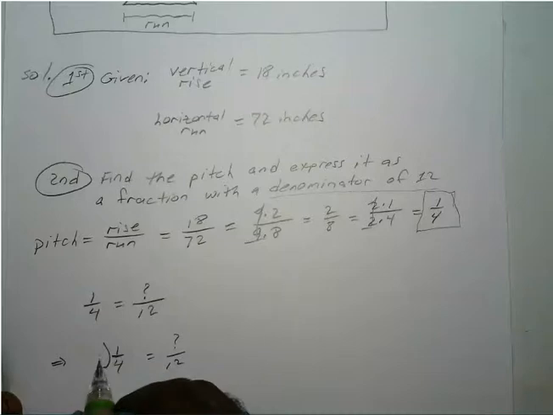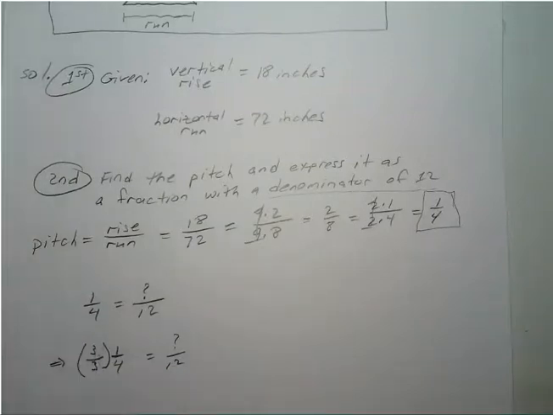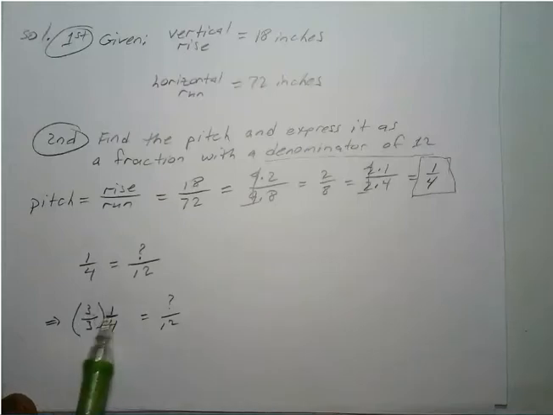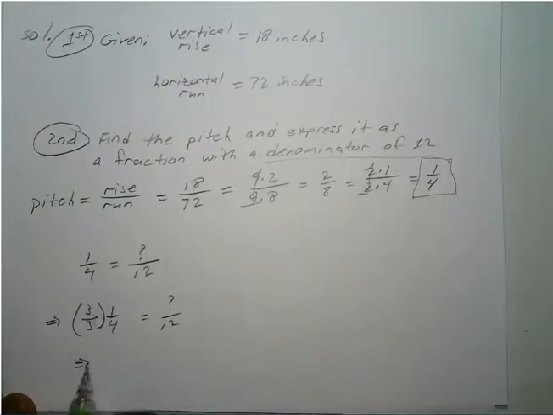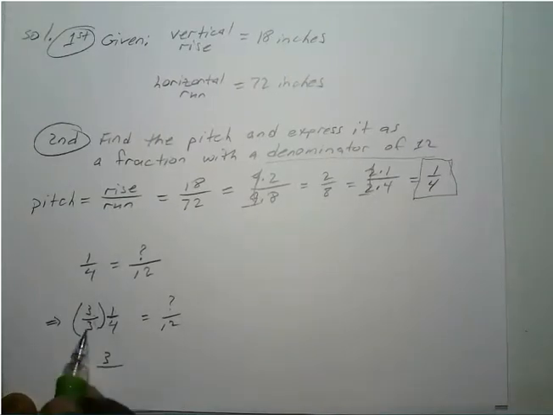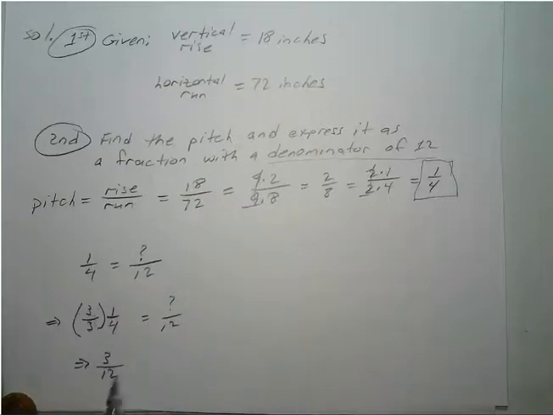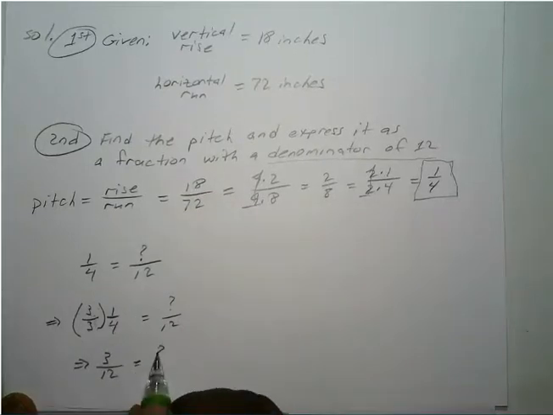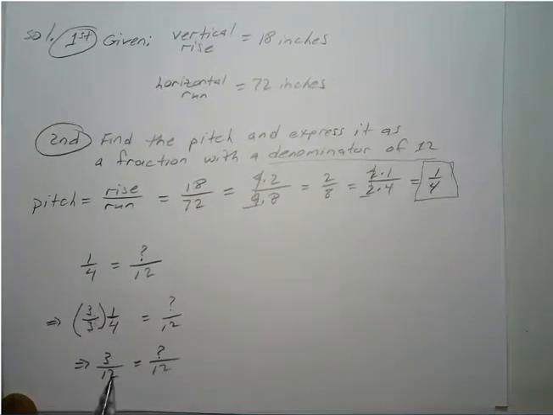We have to multiply that 4 by 3. And anything you do to the denominator, you have to do it to the numerator. Okay, so you have 3 times 1, which is 3, over 3 times 4, which is 12. So the only way this will be true is if your unknown is equal to 3.